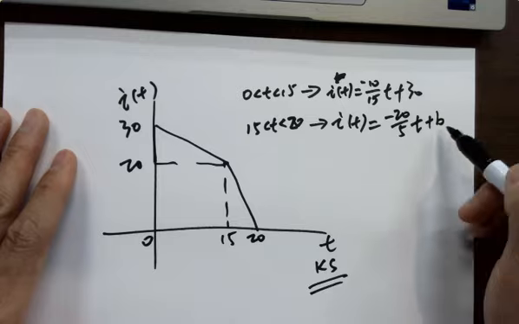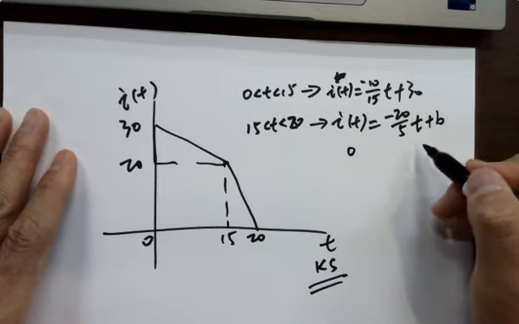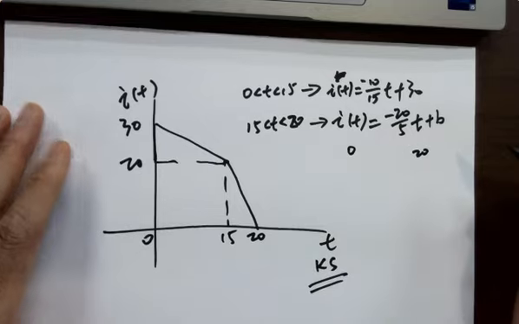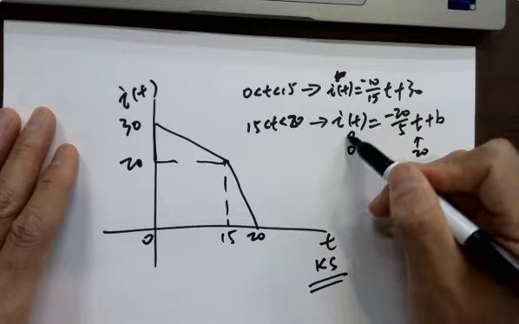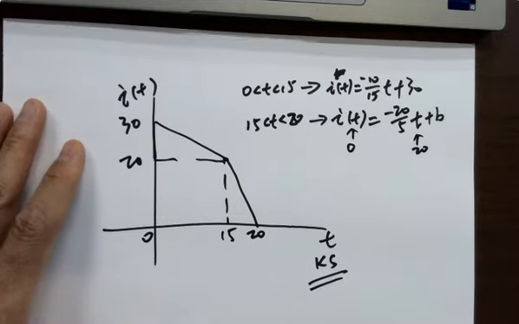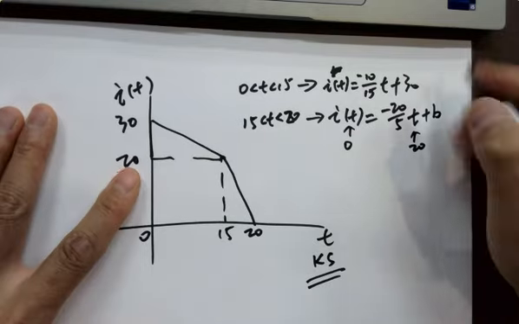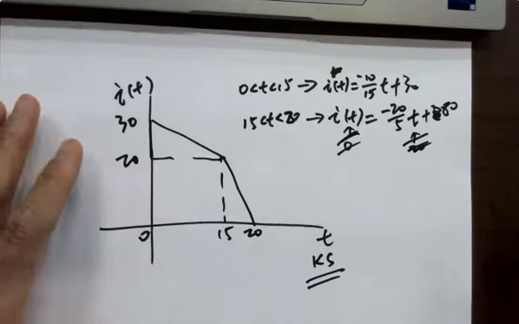Then plug in the numbers to get b. When y is 0, x is 20, right? So just plug in. What is b? Is that 80? Yeah, it's 80, right? So b is 80. So I got a second equation.